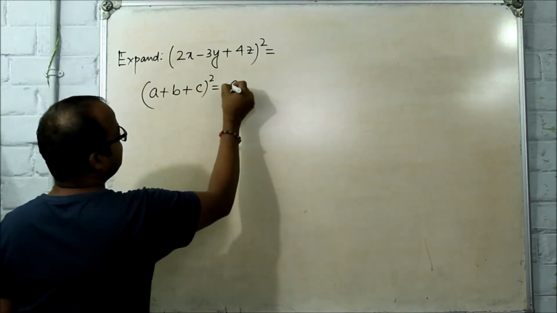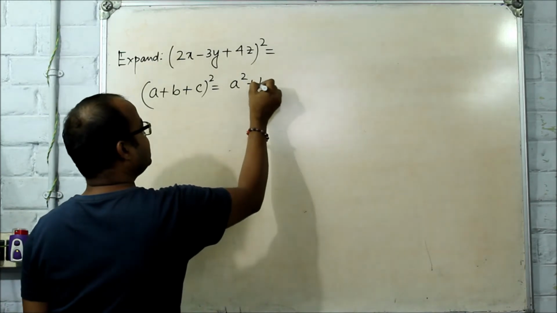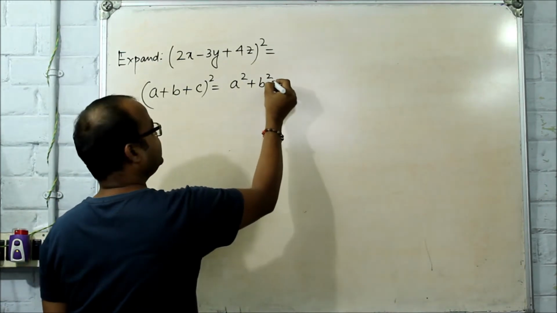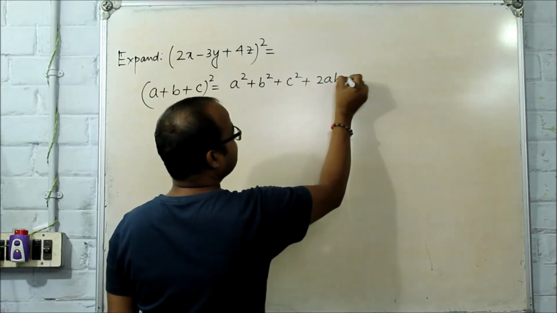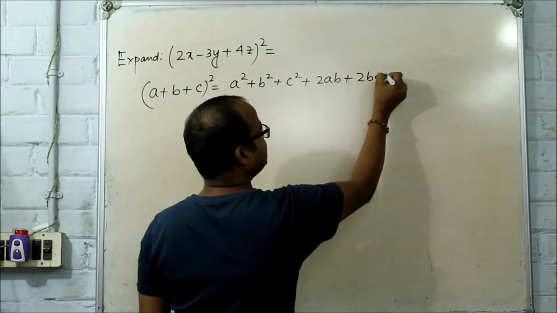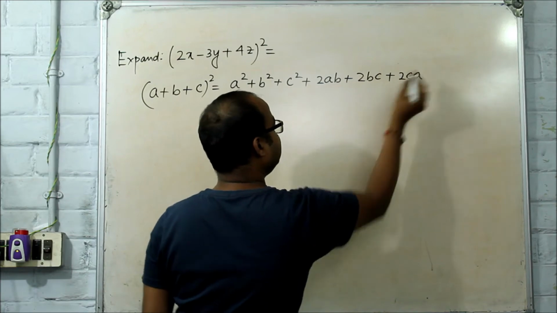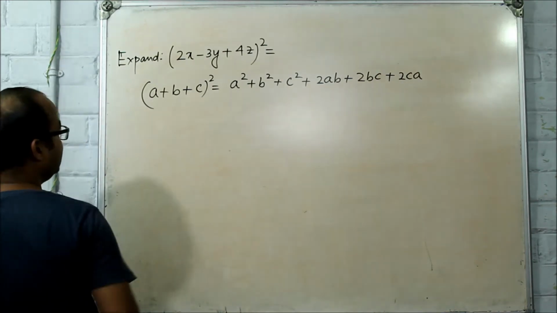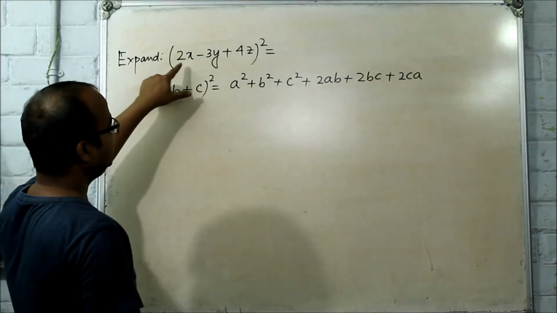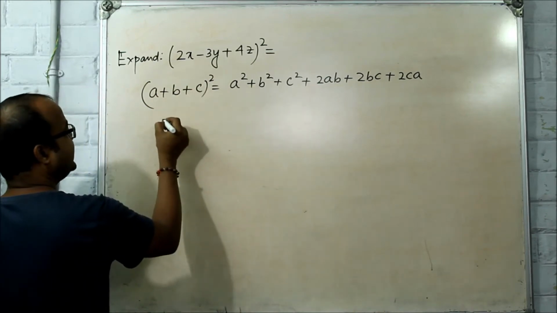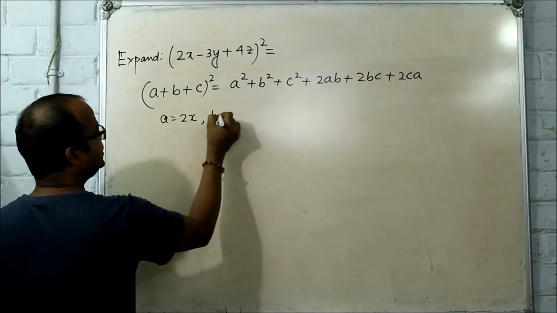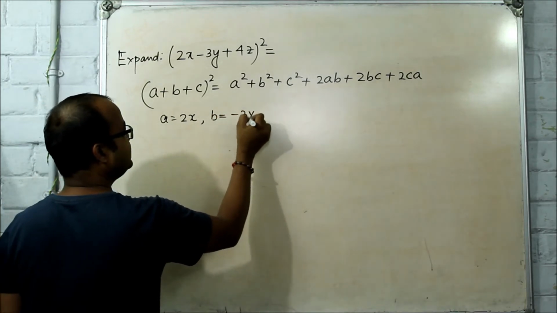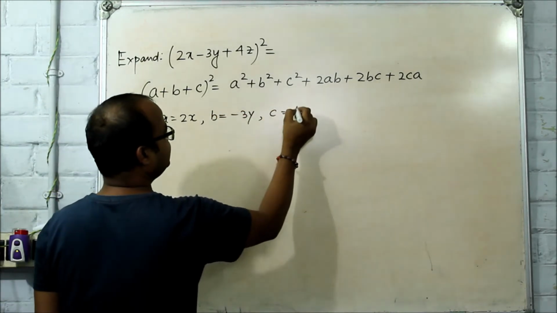So formula is a square plus b square plus c square plus 2ab plus 2bc plus 2ca. So if you compare with a, b and c, you will get a is equal to 2x, b is equal to minus 3y and c is equal to 4z.